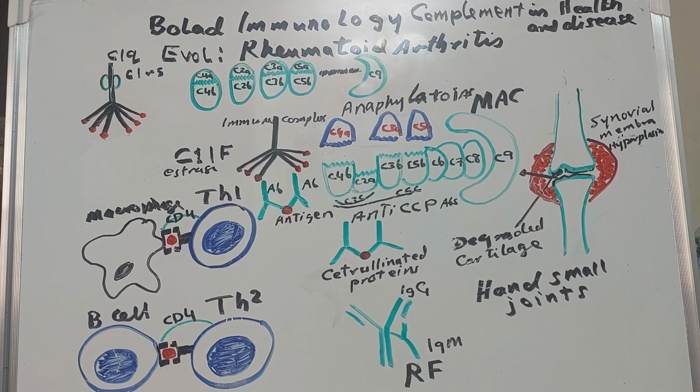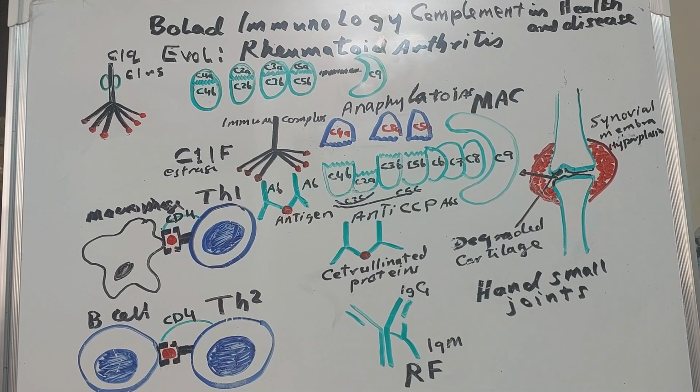So, following this activation of the complement, the components interact in a highly regulated cascade to carry out a number of basic functions, including lysis of cells, bacteria, and viruses.